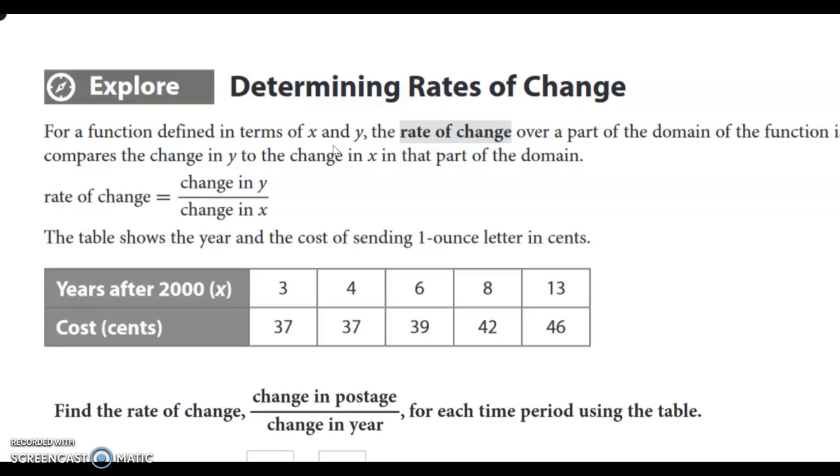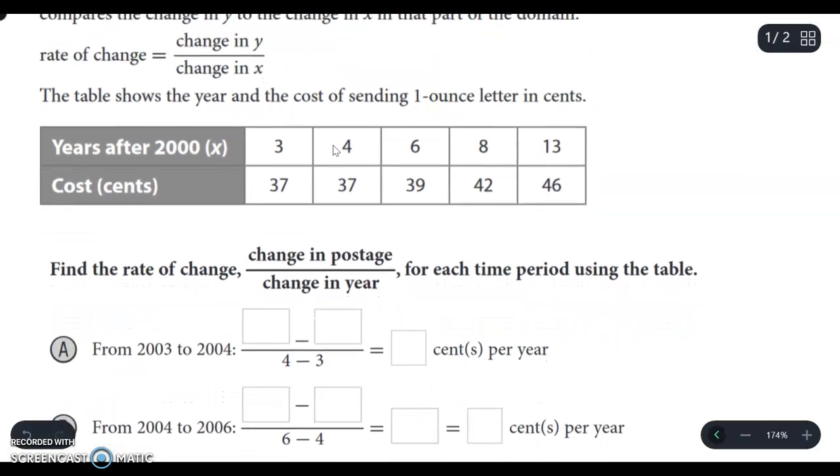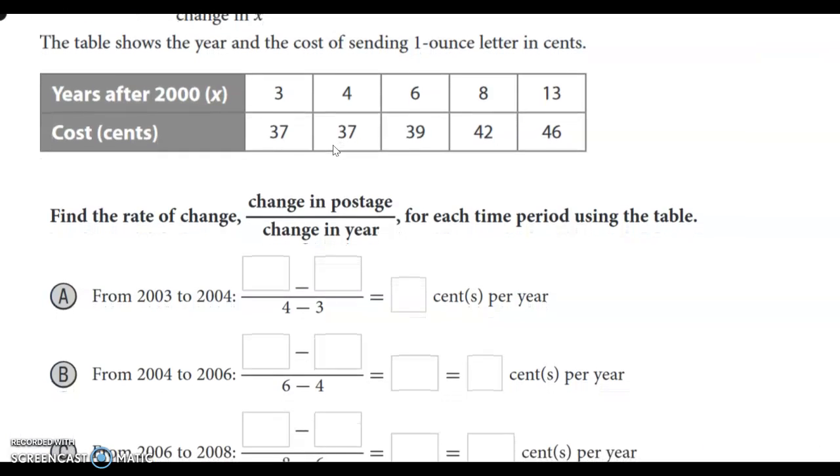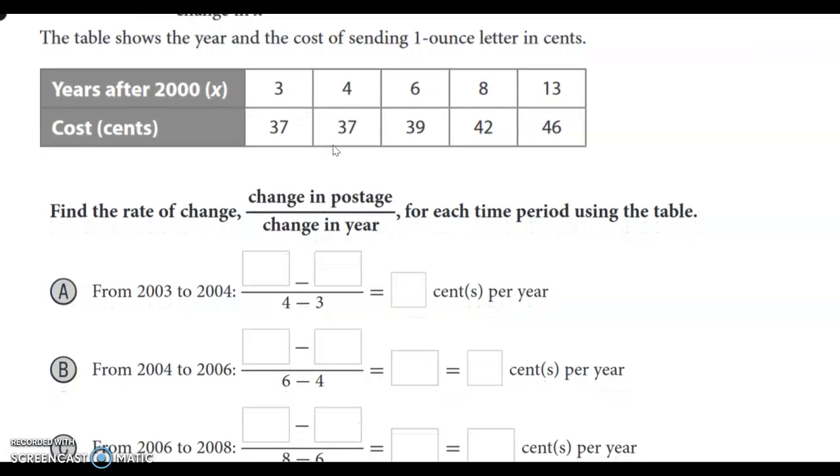So for every year, this is the price below it. Okay, so they left the 2000 off here, but it's 2003, 4, 6, 8, and 13. All right, so what they want you to do is figure out the change in y over the change in x. Okay, and that'll let you know how much the rate of change in cents per year.